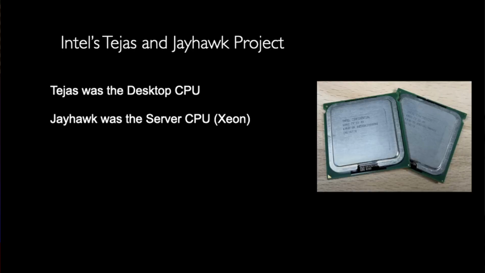So let's talk about this. We don't really know if it was going to be called the P5. It never got into production. Officially within Intel, it was called the Tejas and the Jayhawk project. Tejas was the desktop product. The Pentium 4 was at 4 gigahertz, so the Tejas project was going to take that clock frequency from 4 gigahertz as high as 7 gigahertz and perhaps higher.